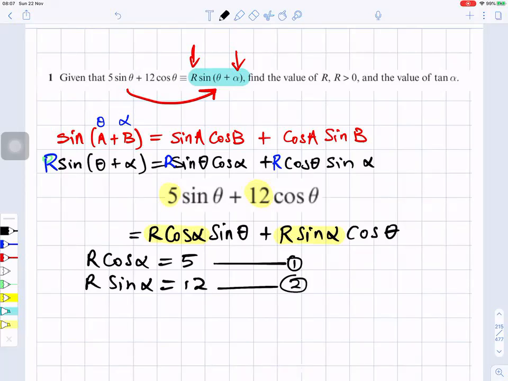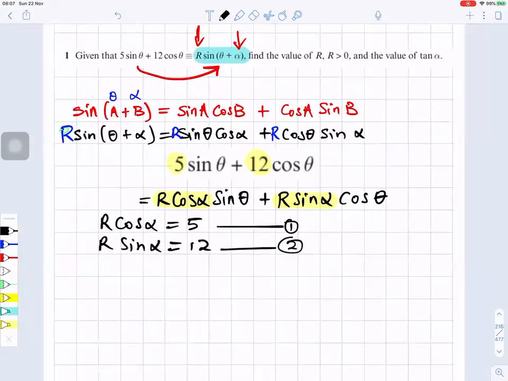These are simultaneous equations. In GCSE, when you solve simultaneous equations, you can subtract them and multiply things. But here we're using a different method: you divide them.